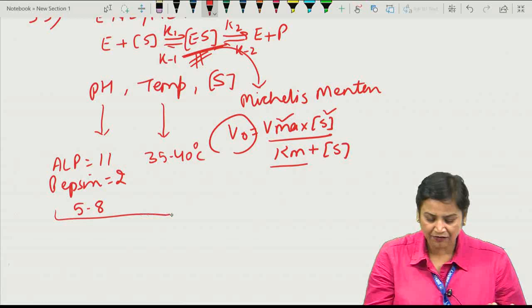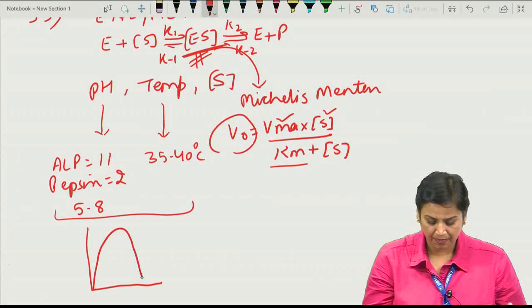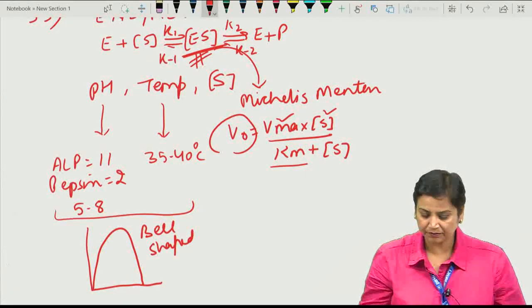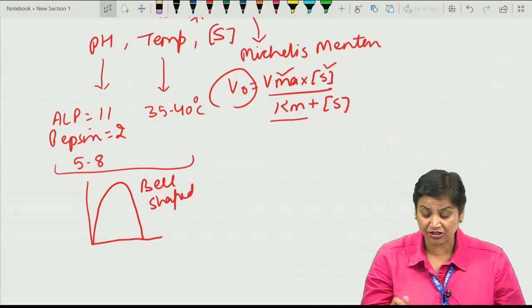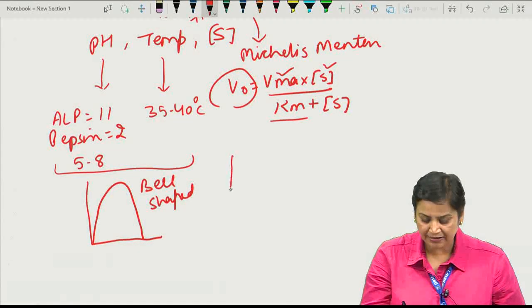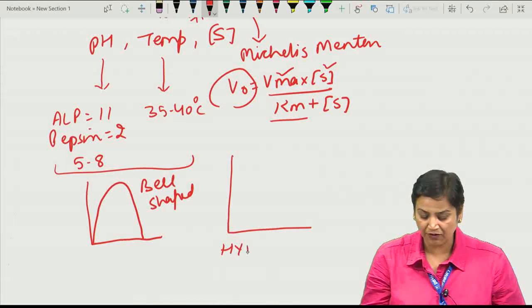And if we see the graph in pH and temperature, it is bell shaped. It is like this. This is a bell shaped graph in pH and temperature. But in substrate concentration, since substrate concentration plays a very important role, it has a hyperbolic graph or curve, hyperbolic.